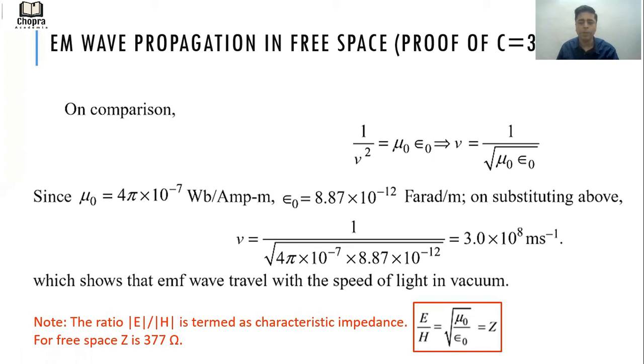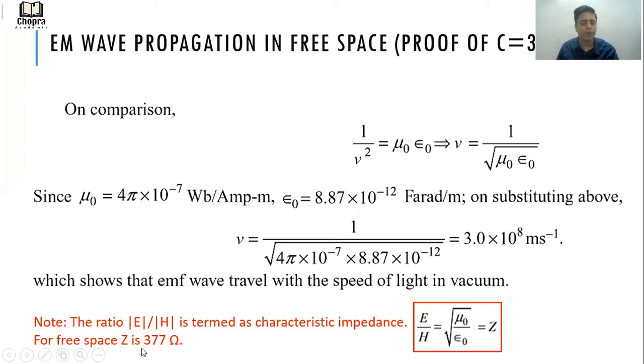So this is how we prove that the velocity of light in free space is 3 into 10 to the power 8 meter per second using Maxwell's equations. It is worthwhile to note here that the ratio of E and H magnitudes is termed as characteristic impedance.